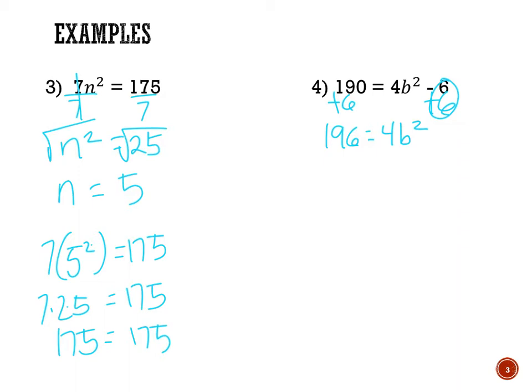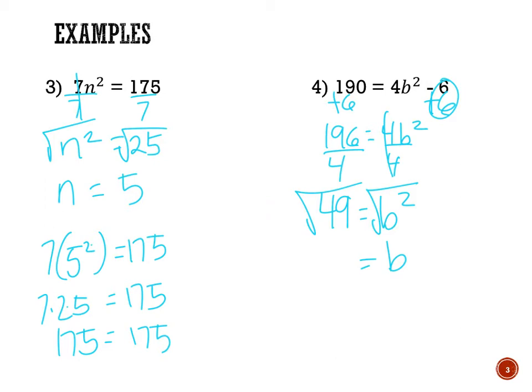Now I'm going to divide by 4. 4 divided by 4 is 1. 196 divided by 4 equals 49 equals b squared. Take the square root of both sides. The square root of b squared equals b. The square root of 49 equals 7.